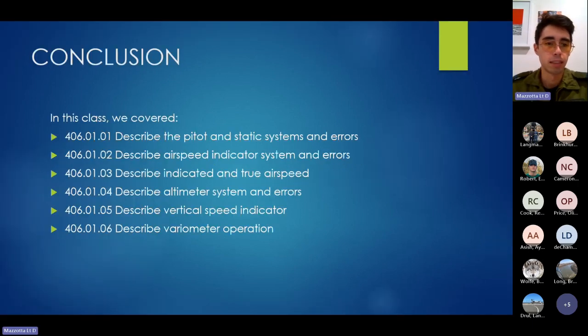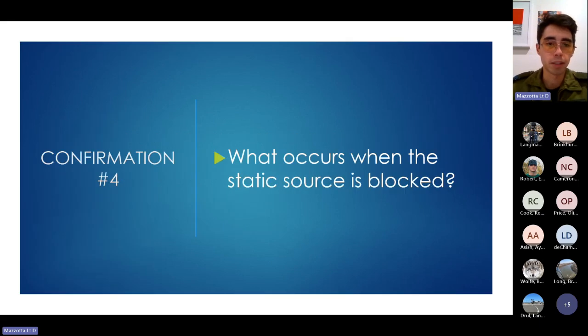And what occurs when the static source is blocked? I'll give you a hint. There was an acronym that I gave you at the start.